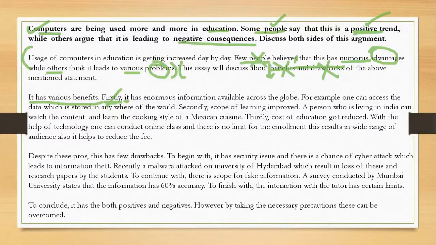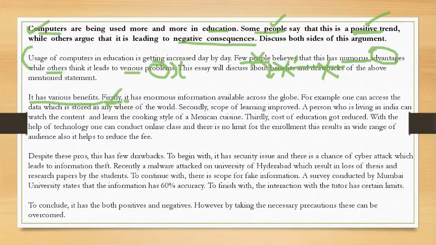So this becomes a beautiful sentence, right? You're giving examples, you've given explanation, you have written it very clearly. So firstly, it provides us with an abundance of information with just a click of a button through search engines such as Google. Full stop. This becomes a beautiful sentence, a beautiful point, which will fetch you full marks.